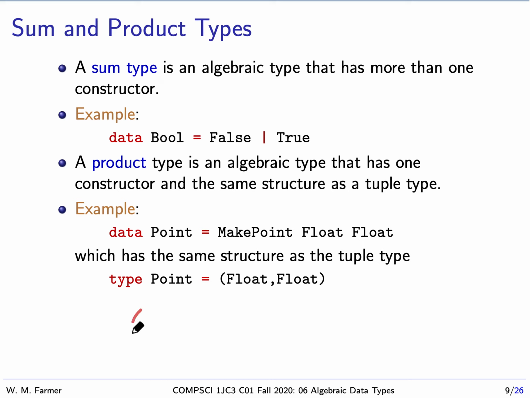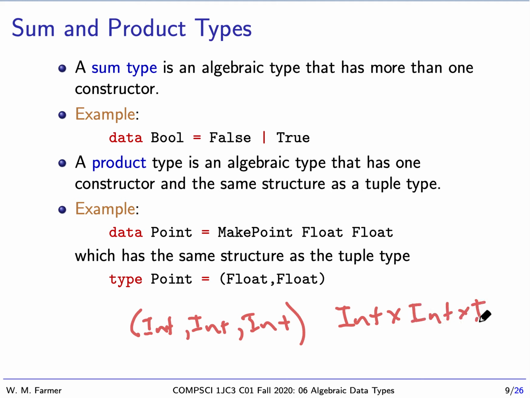So if I had, let's say, this tuple type in Haskell, in normal mathematics, we would think of this as a Cartesian product. It's basically the same thing. So that's why these are called product types. They correspond to Cartesian products.